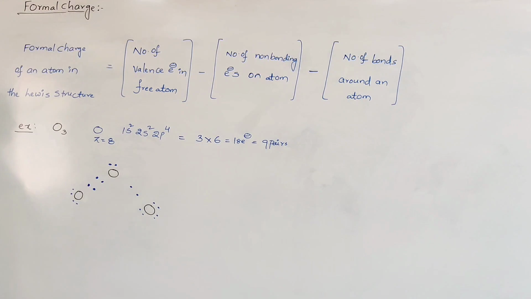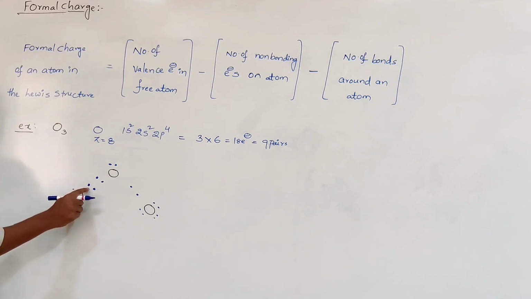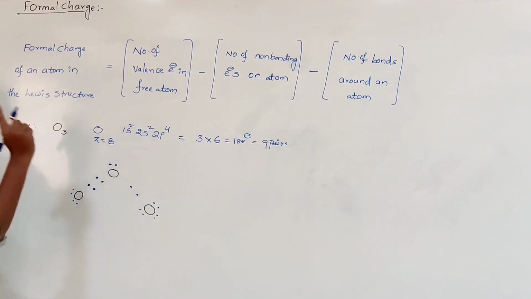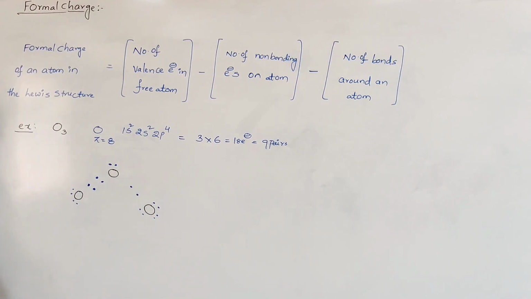Totally all the 3 oxygen atoms are getting 8 electrons, by keeping between 2 oxygen atoms a double bond, and between another 2 oxygen atoms a single bond, with the remaining pairs of electrons placed on each atom as lone pairs.